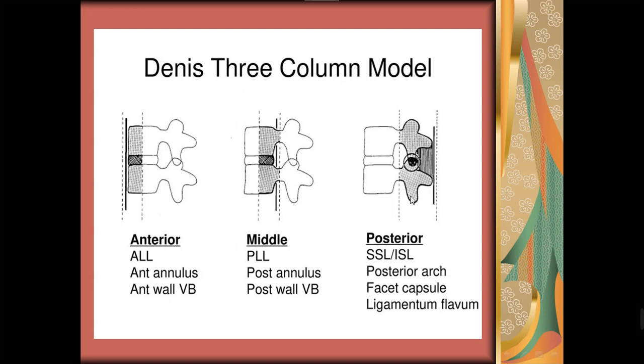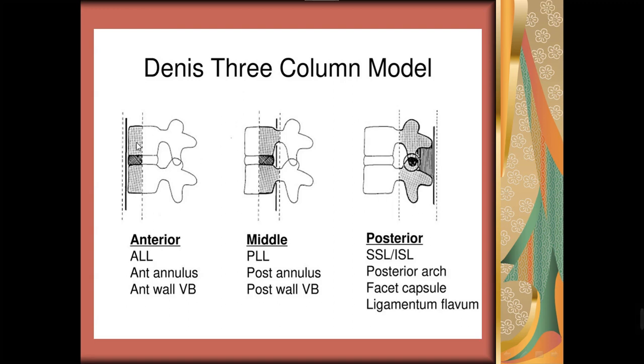We cannot imagine a single column injury affecting only the middle column. It is impossible. Maybe the anterior with the middle, the posterior with the middle is possible, but the pure middle is impossible. A pure anterior is possible, pure posterior is possible. So affection of one column, anterior alone or posterior alone, will result in stable fractures.